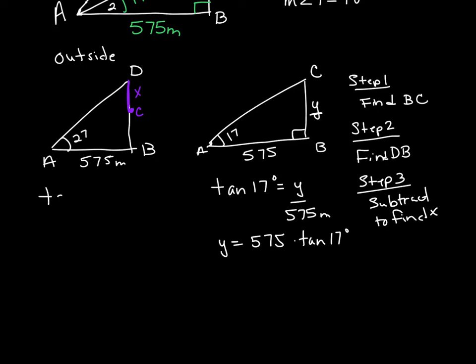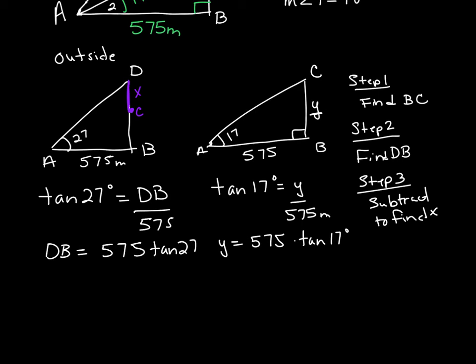In this case, the tangent of 27 degrees is equal to the entire side length, not x, this is DB, the whole thing, the entire length of this triangle, all over 575. And now I know that DB is equal to 575 times the tangent of 27 degrees.